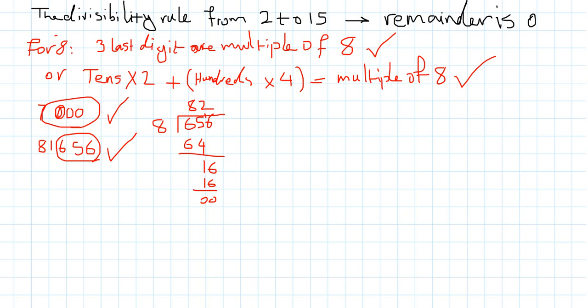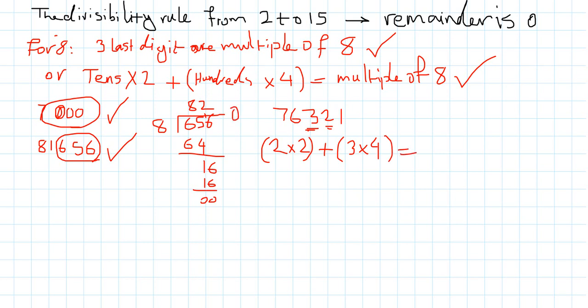Now by other way. So check this number. 7, 6, 3, 2, 1. What is my 10 value? 10's value is 2. So I should time to 2. I time 10 values to 2 plus, what is the 100's value? 100's value is 3. 3 times 4.